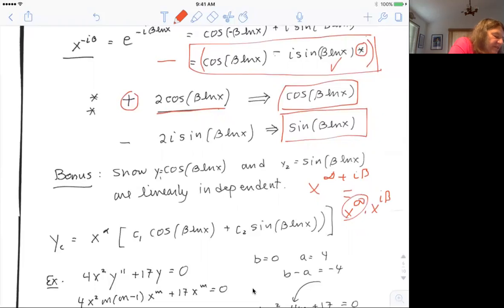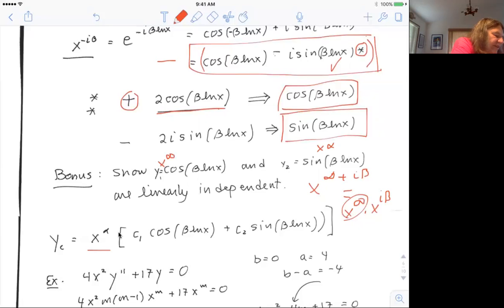The x to the alpha gets pulled out, and what's left is C1 cosine beta log x plus C2 sine beta log x. These two things right here are linearly independent. And actually I should show, each of the fundamental set members has an x to the alpha in it.